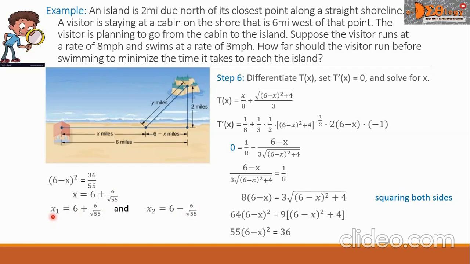If we analyze x sub 1 and consider step number 5, we can see that this x sub 1 value is out of the domain, because our domain is from 0 to 6 only. It means this value x sub 1 is not accepted. The x sub 2 value is the accepted one.